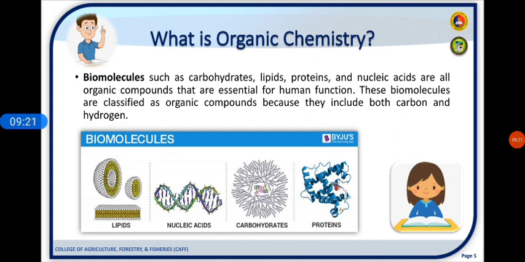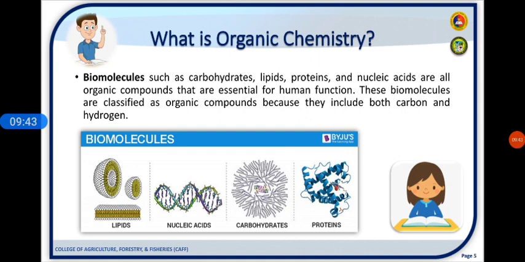Later on, we're also going to enhance the discussion about biomolecules when you take biochemistry courses. Biomolecules such as carbohydrates, lipids, proteins, and nucleic acids are all organic compounds. Why?